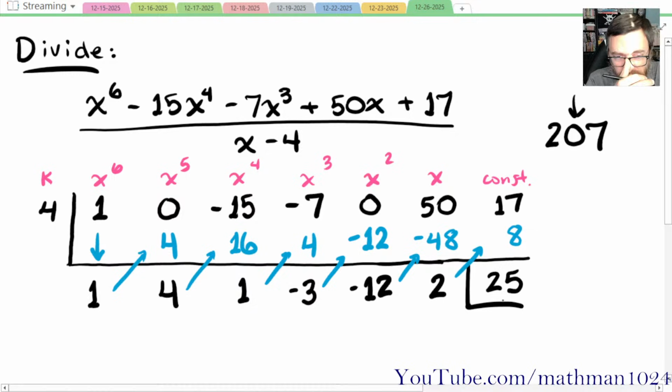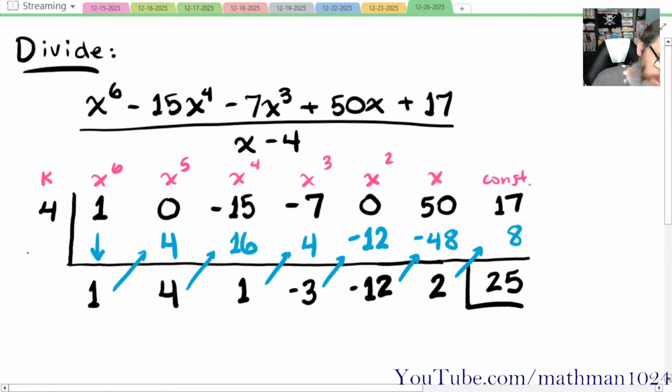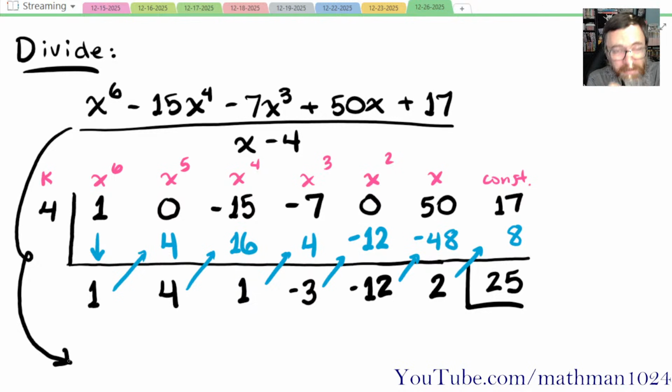But let's make sure we answer the question. The question here says divide. So we're going to take all of this work and we're going to write our answer. So that first column started out as x to the 6th. But at the bottom, when we look at our quotient and we analyze this, that's going to be the coefficient for my x to the 5th term.